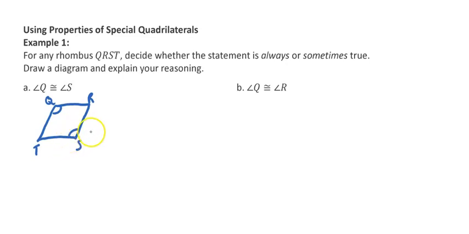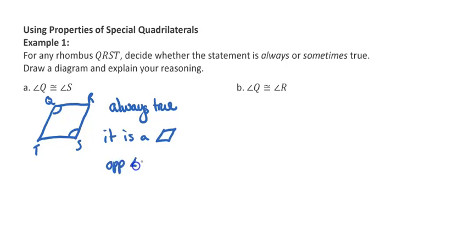This is always true. If it is a rhombus, we know it is also a parallelogram, and in the parallelogram family, opposite angles are congruent. That's one of the 5 facts we learned about parallelograms.